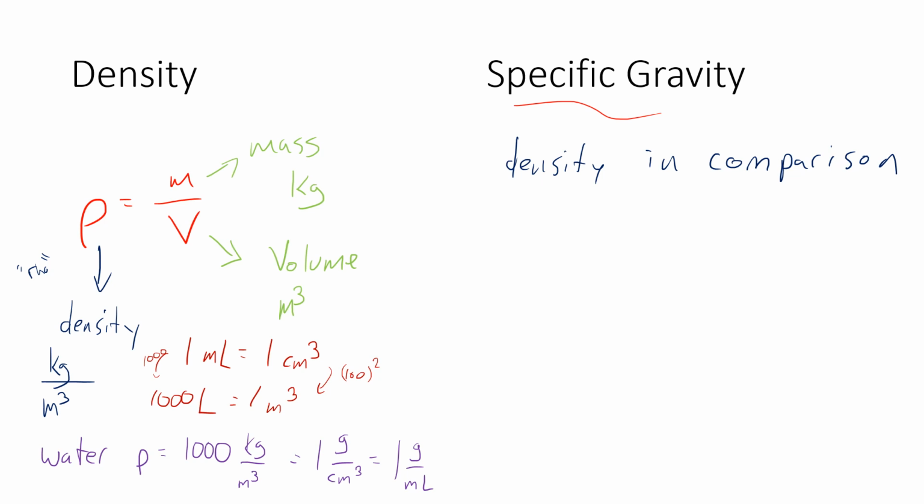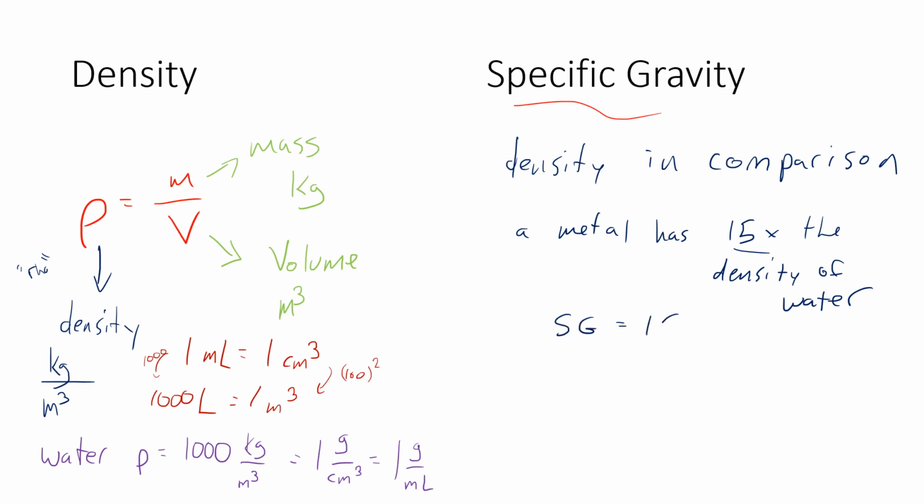Let's say that I told you that a metal, because I don't remember one right now, has 15 times the density of water. That's the specific gravity. Then it would have a specific gravity equal to 15.